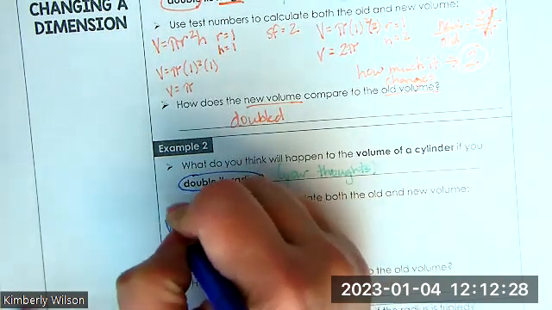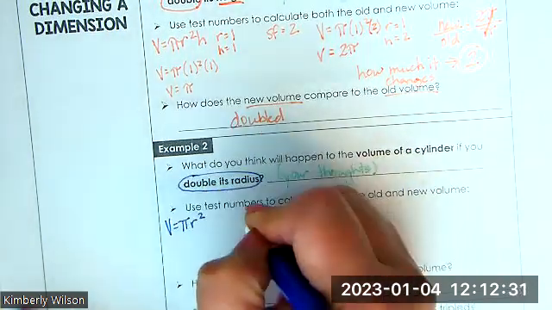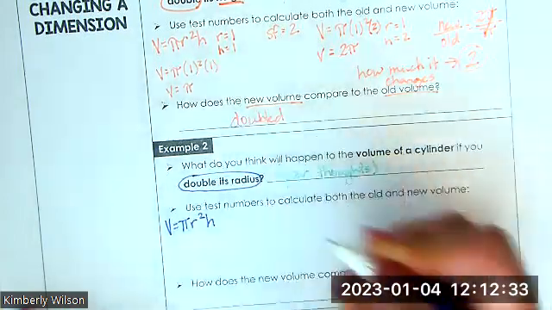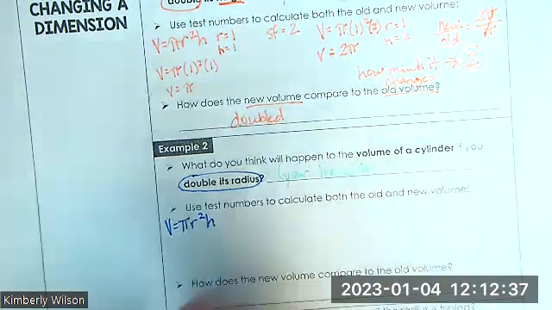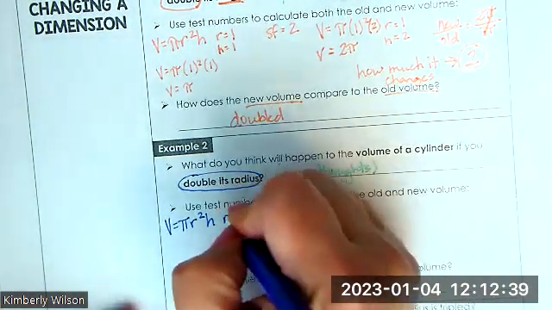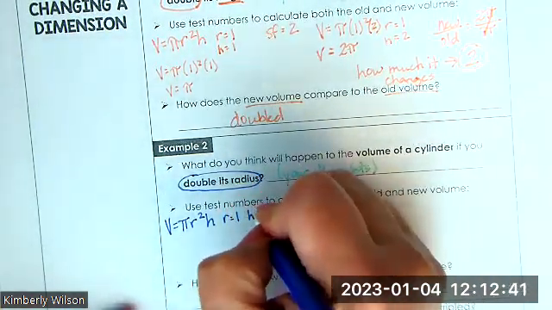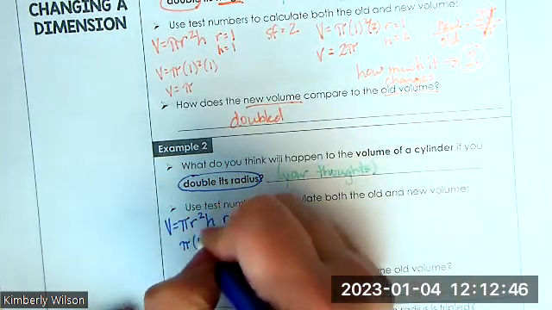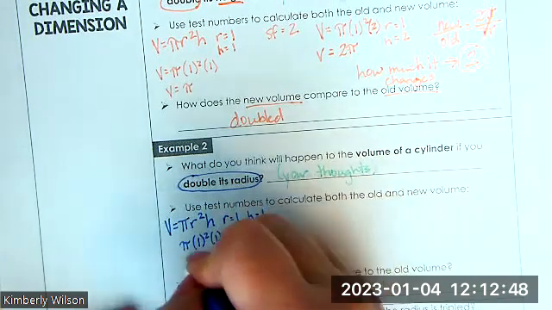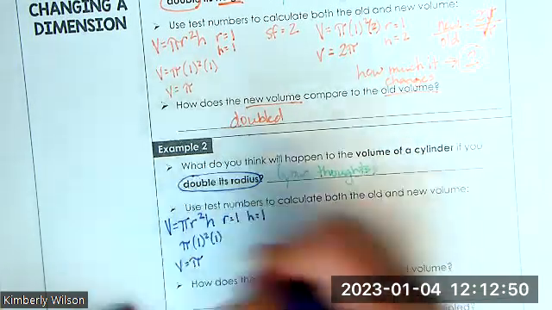The formula is pi r squared times the height. So again, we're going to plug in numbers. The radius equals 1, the height equals 1, so we have pi times 1 squared times 1, which gives me that my volume is pi.